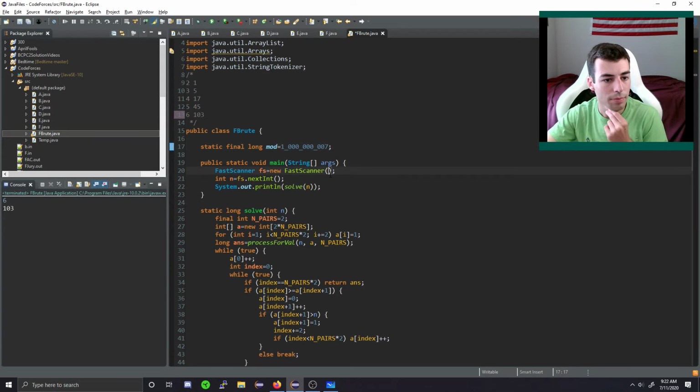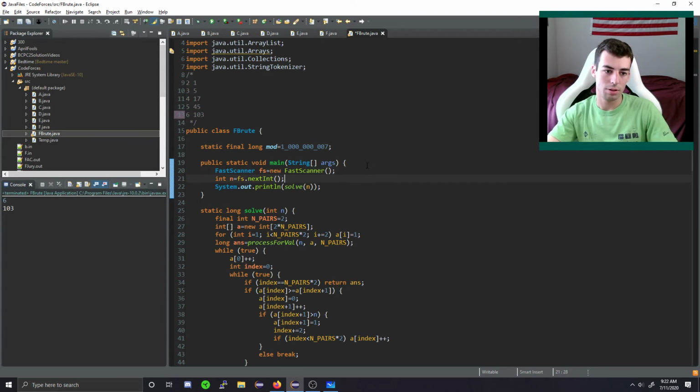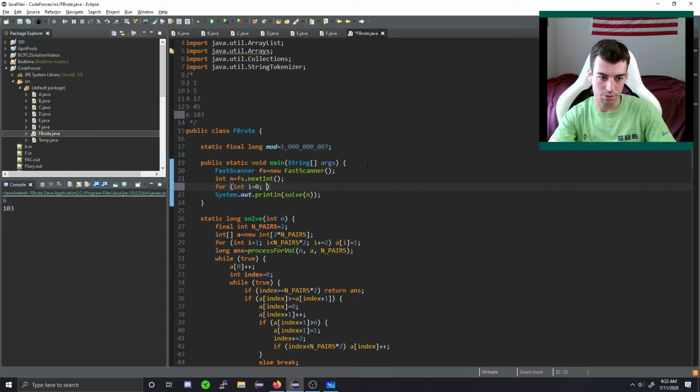So, yeah, okay, so for int i equals, what does i have to be at a minimum? Equals 2, i is less than 5, i plus plus.